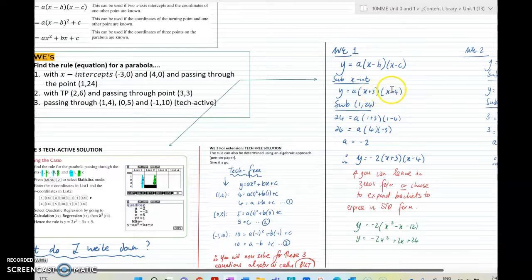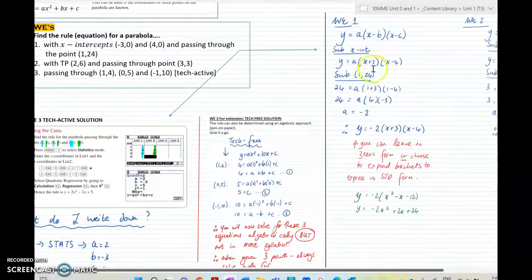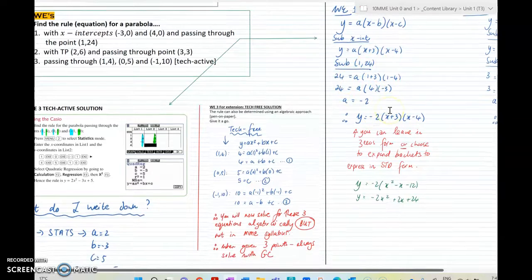And the other x-intercept was 4, so it's x minus 4. And then the only unknown here is the A, the dilation factor. So in order to get the dilation factor, you need another point, which is given, 1 and 24. You substitute 1 into the x values and the 24 into the y, and you solve that and you get A. And then you just sub it back in and you've got your rule for your quadratic.